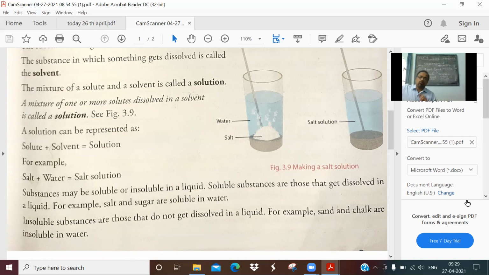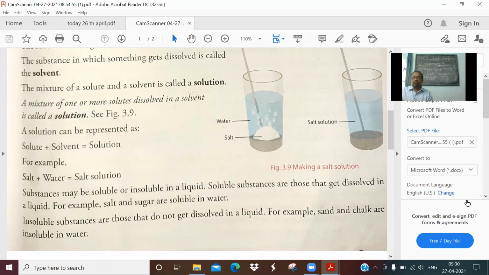So one thing I have to tell you about this. I told you if you go on adding sugar, a time will come when the sugar starts settling down at the bottom. Now, this solution which has the maximum amount of solute dissolved in it is called a saturated solution. So that is a definition.